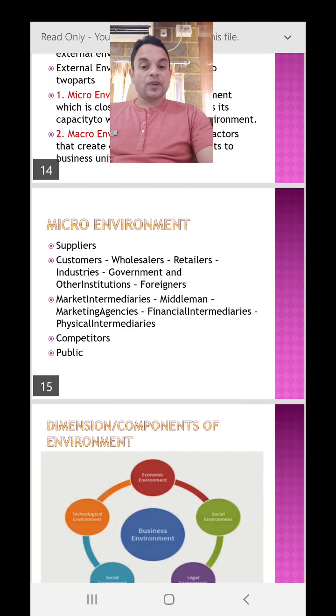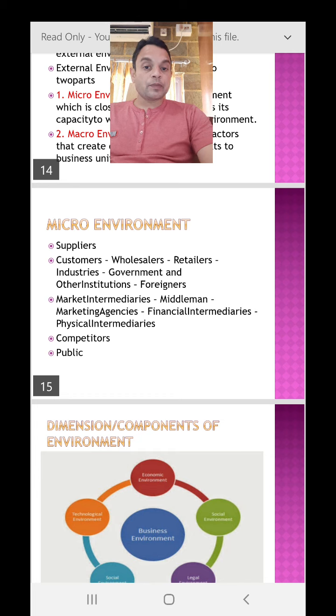Let us see what you mean by micro environment. Micro environment is a part of external environment. Micro means individual unit, suppliers. They are not internal, they are external, but it can be dealt with one to one.